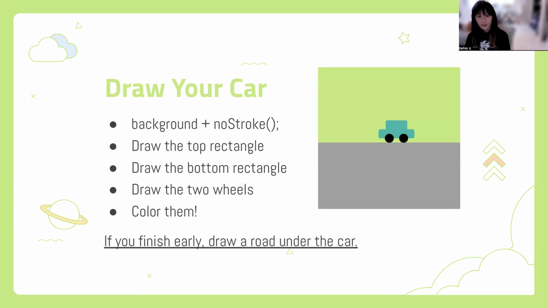So again, create the background and add noStroke so that we have a seamless car that blends in together rather than what looks like 2 rectangles stacked on top of each other. Draw the top and bottom rectangle, draw the 2 wheels, and color them. And if you're finished early, draw a road onto the car. Please take this time to go over your code, and if there's any issues, we'll get into it later. But pause this video, work on that project, and when you're ready, unpause it.